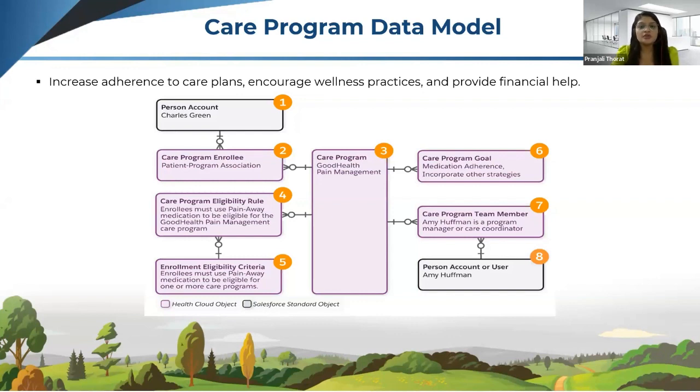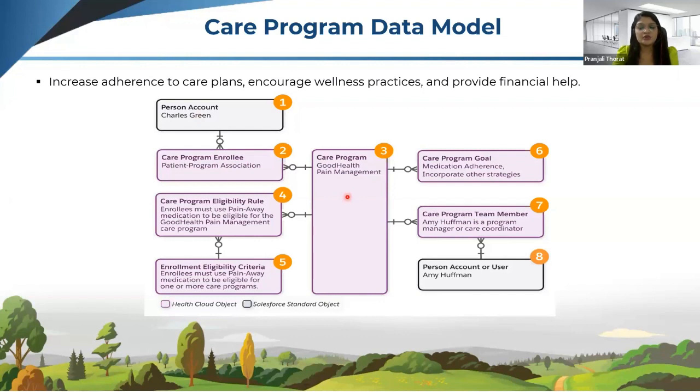Here also Charles is a patient. An account object with a person record type represents a patient. Then Charles enrolls in the Good Health pain management care program. The care program enrollee represents a participant enrolled in a care program.